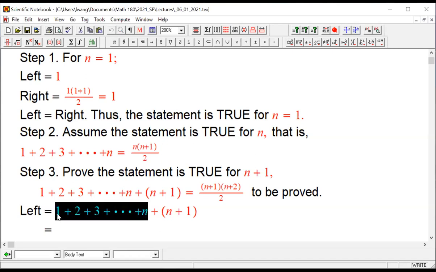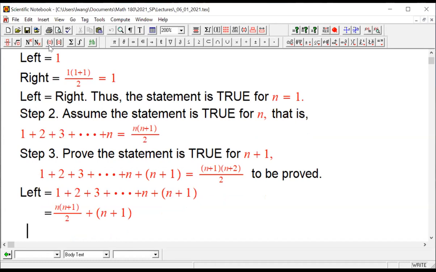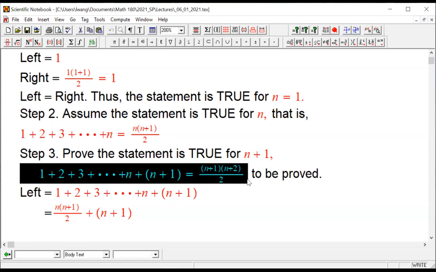These n terms are the same as that, plus n plus 1. So you can use step 1, and you can use the assumed. But this is to be proved. You cannot use it yet.